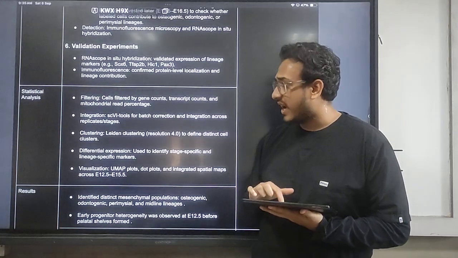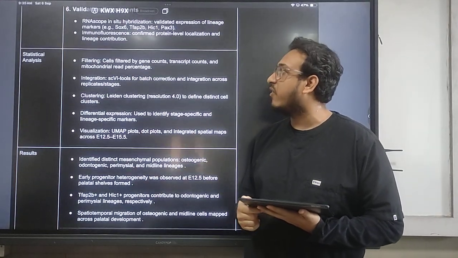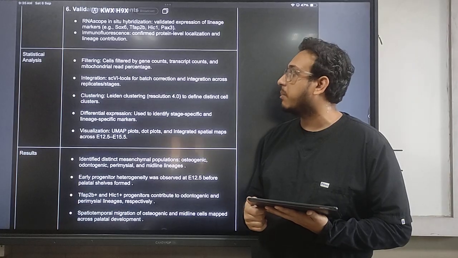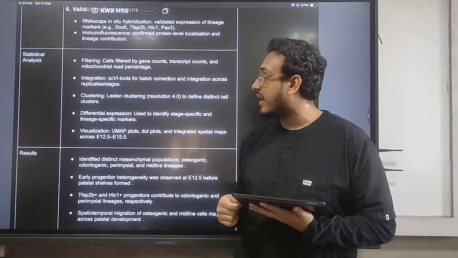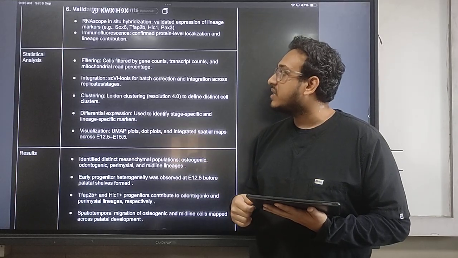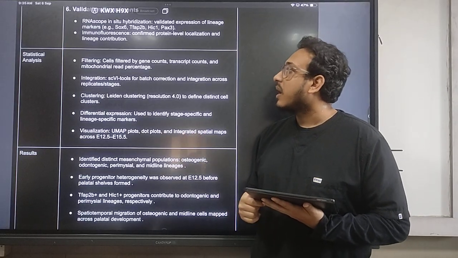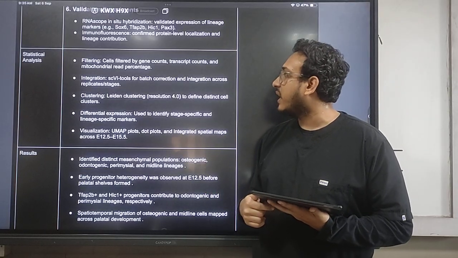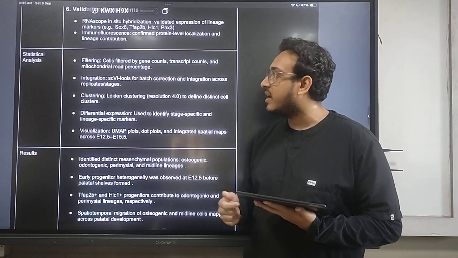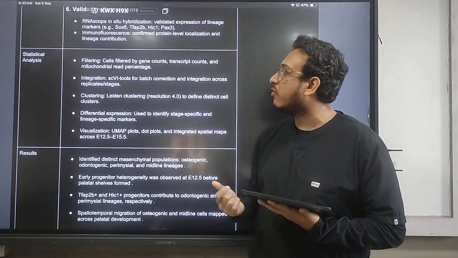For the statistical analysis, they did filtering. The cells were filtered by gene counts, transcript counts and mitochondrial read percentage. They used scVI tools for batch correction and integration across replicate stages, and the clustering was done.